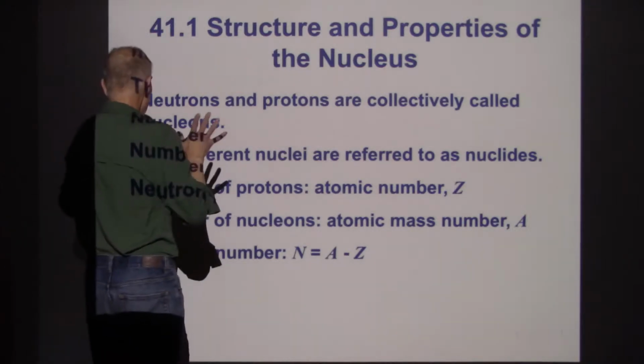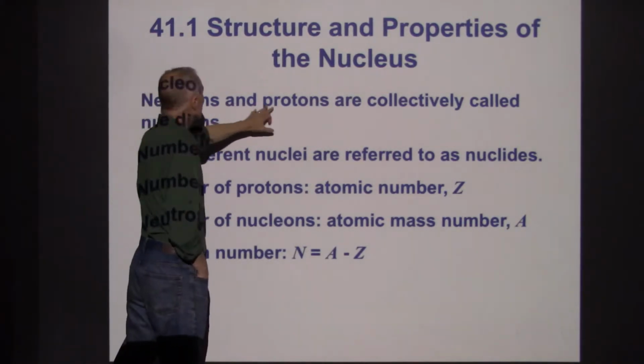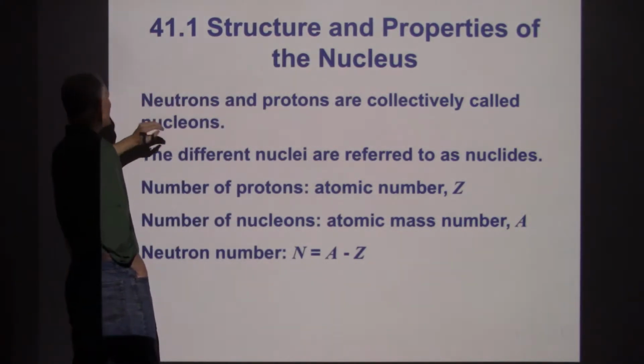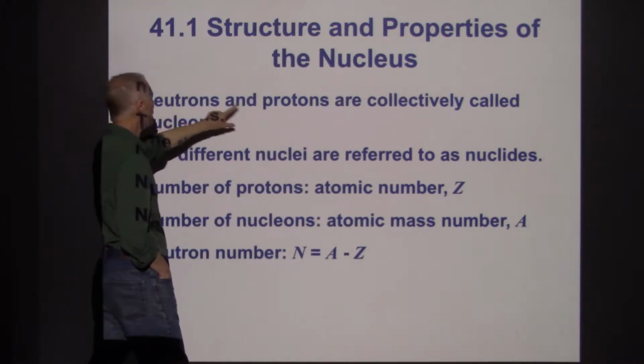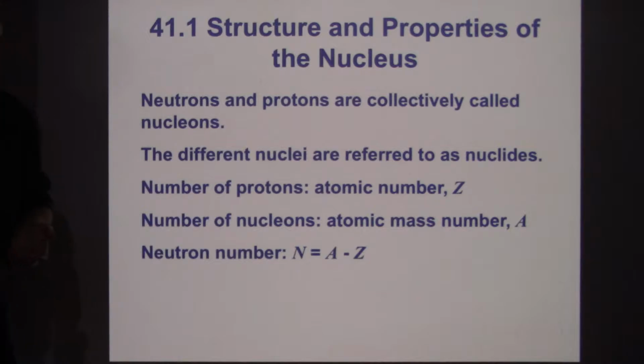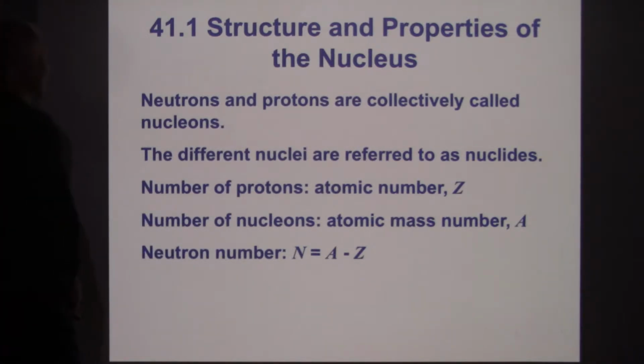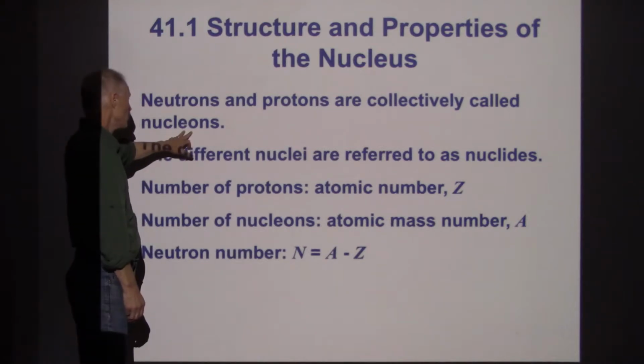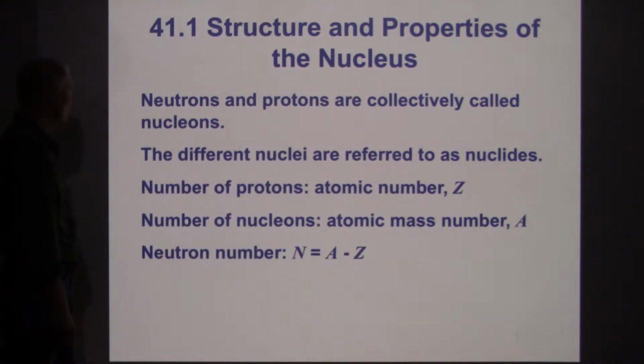Now, it's handy when we're talking about protons and neutrons in the nucleus to refer to neutrons and protons as nucleons. So sometimes we're just counting how many protons and neutrons there are combined, and for that we'll just call them nucleons.